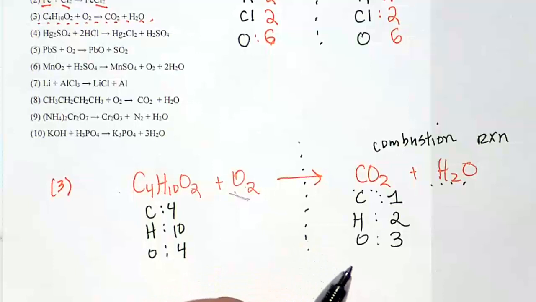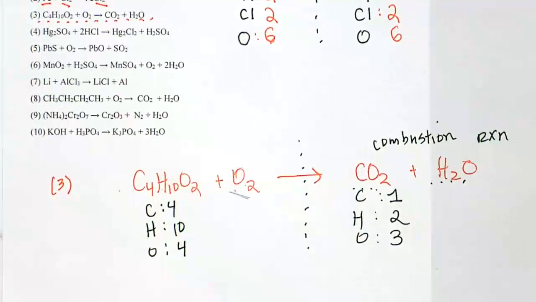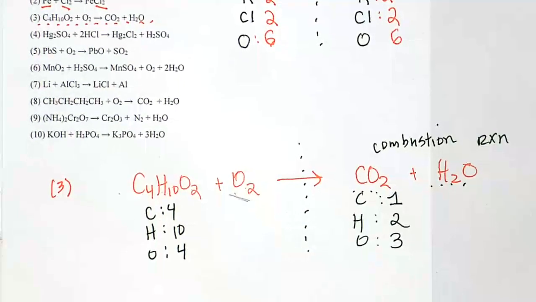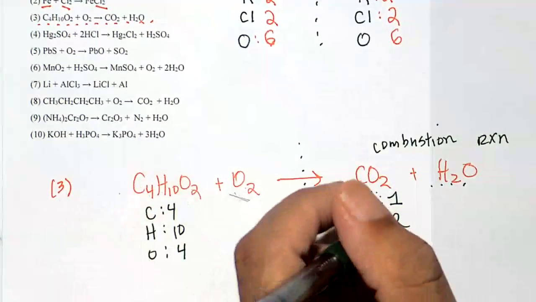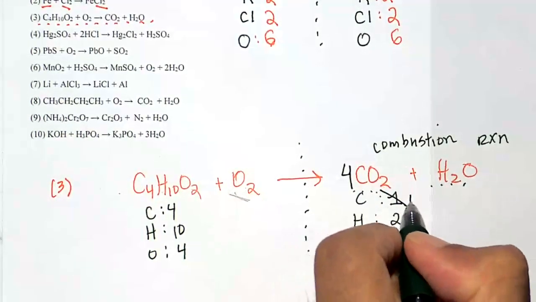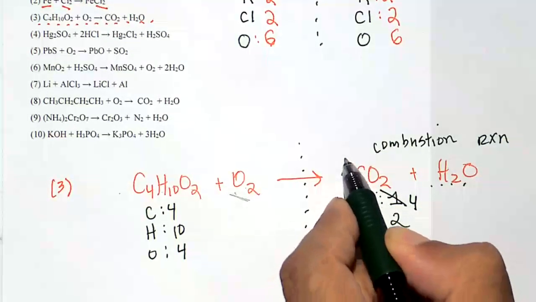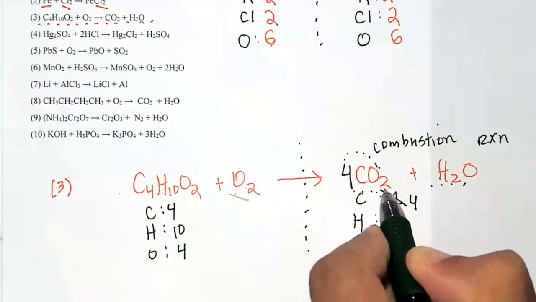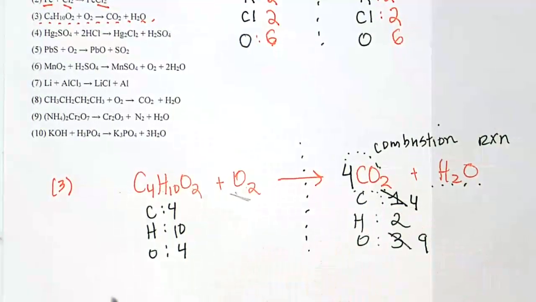But what do you guys see here that comes out to you? Again, there's no real wrong or right way to do this. What do you think about the carbons? 4. And what will that do to my oxygens? 8 plus 1 is 9.